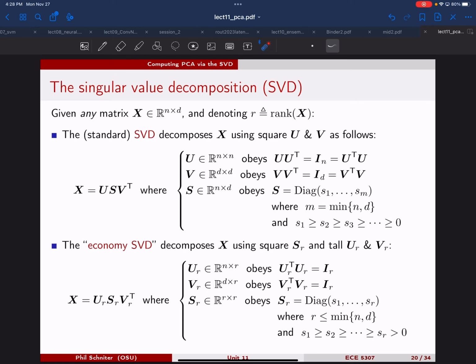It's a way of disassembling a matrix into 3 parts. Roughly speaking, a unitary or orthogonal matrix, a diagonal matrix, and then another unitary orthogonal matrix. Intuitively, these orthogonal matrices function as rotations.